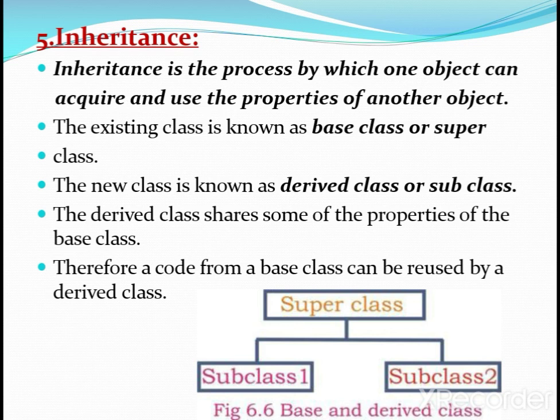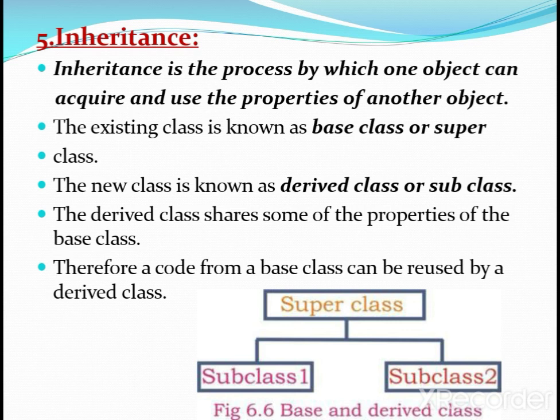The existing class is known as a base class or a superclass, and the new class is known as a derived class or a subclass. The derived class shares some of the properties of the base class. For example, consider father to son.